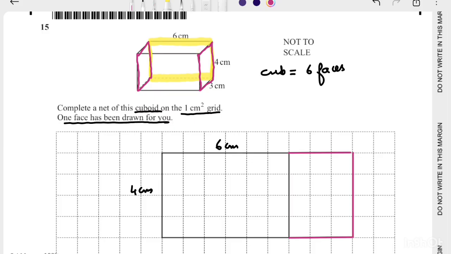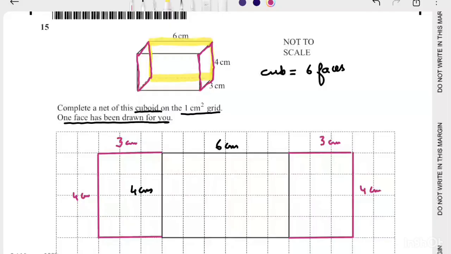And the same we have to do on the other side as well. 1 2 3, 1 2 3, and 1 2 3 4. So it is 3 centimeter, and it is 4 centimeter, and it is 3 centimeter, and this is 4 centimeter.